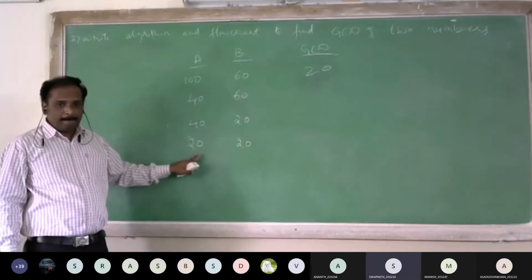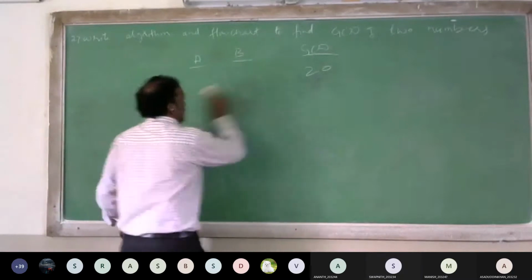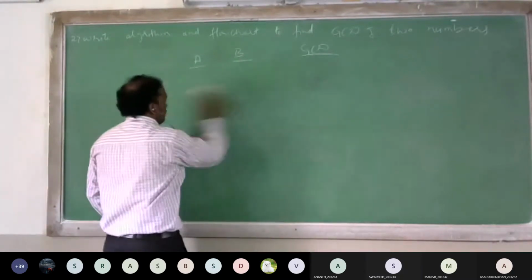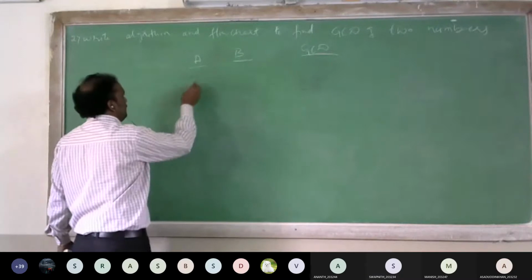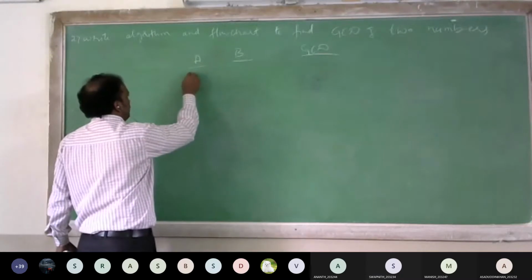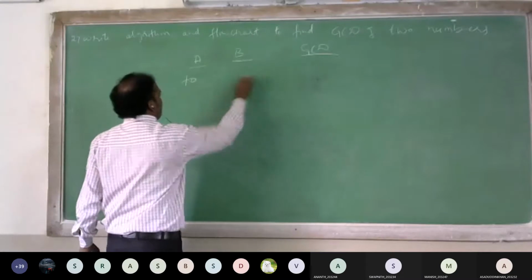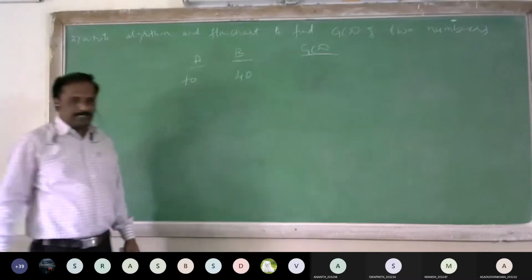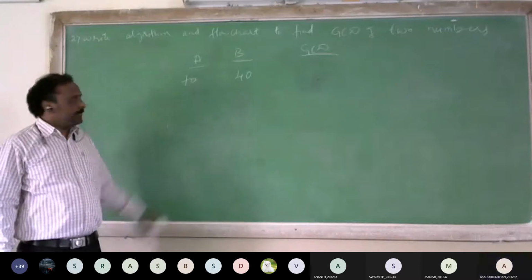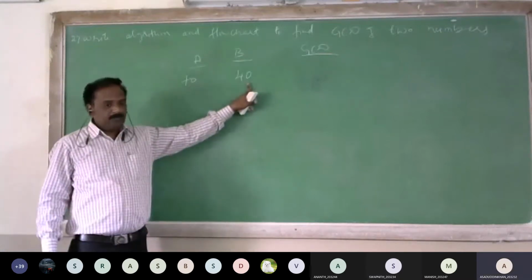Getting everybody? Yes, sir. Now I will take another pair of numbers, like 70 and 40. The bigger is 70 and the smaller is 40.